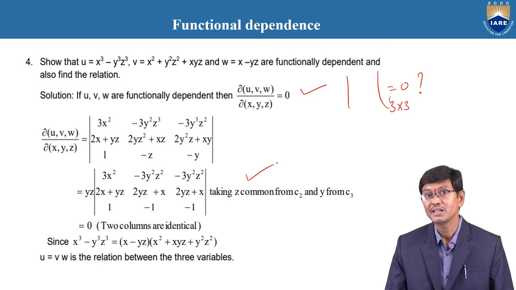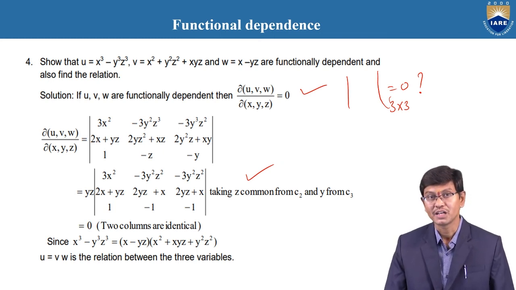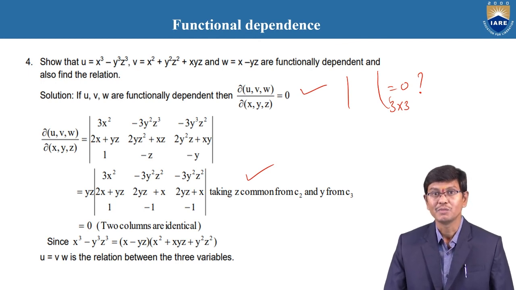Hence, if the determinant is equal to 0, automatically the given functions are said to be functionally dependent. Here the determinant is 0, therefore the functions are said to be functionally dependent. And again, if the determinant is 0, then automatically the relationship between them is also satisfied.